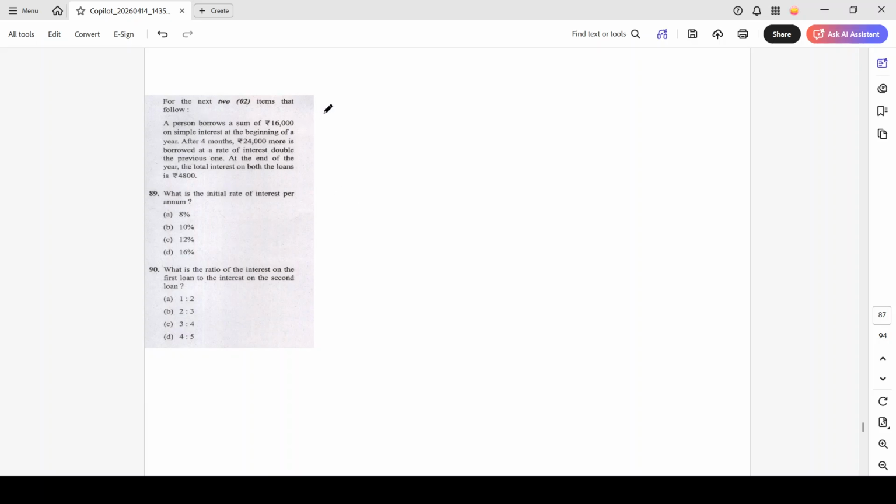A person borrows a sum of 16,000 on simple interest at the beginning of the year at a certain rate of interest. After 4 months, 24,000 more is borrowed at double the rate of interest.